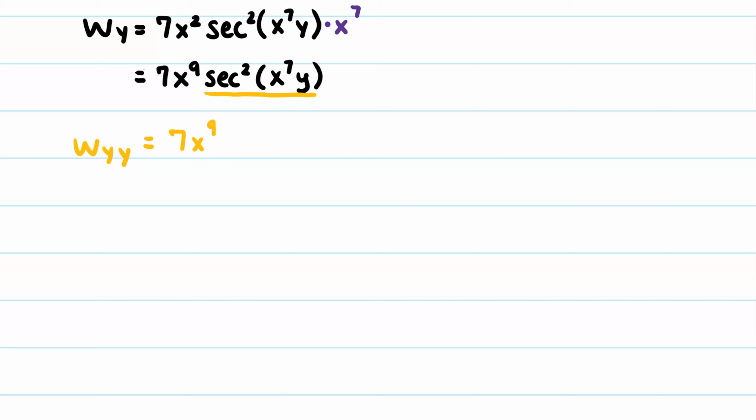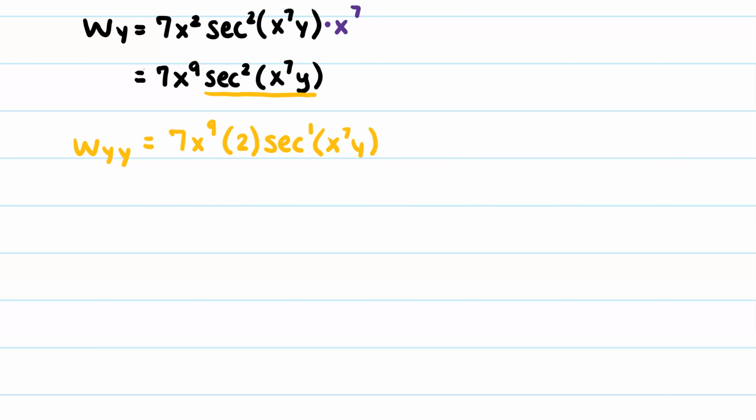So now we have to think about the derivative of this guy. So this is secant of something raised to the 2nd power. So I'll bring the power down, 2, and then the secant technically to the 1st, right? I'm just using the power rule, x to the 7th y.